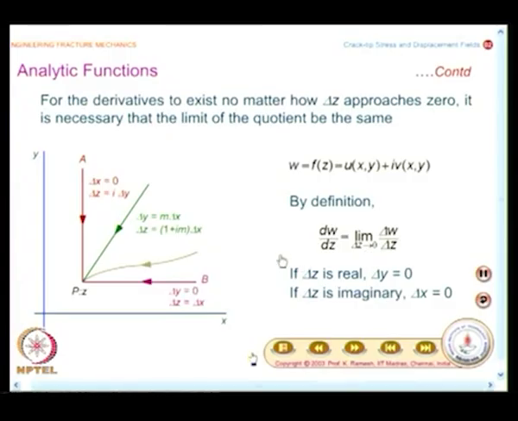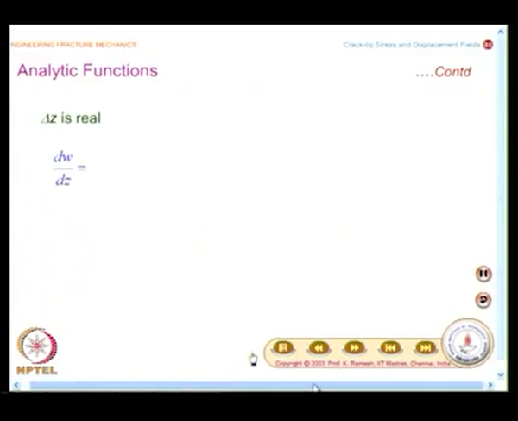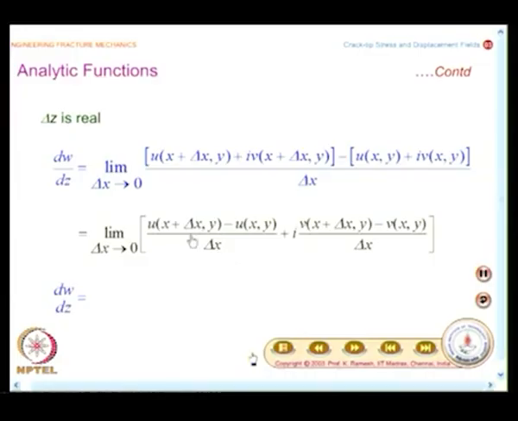And what we had looked at in the last class, we have taken up two cases. One is when delta z is real, and we grouped the terms appropriately, and we found dw by dz equal to dou u by dou x plus i dou v by dou x.